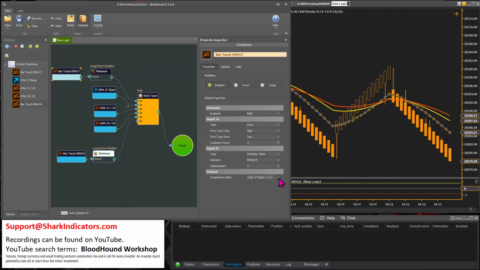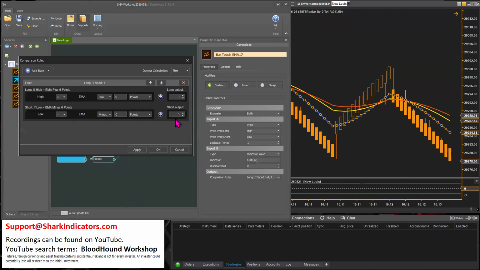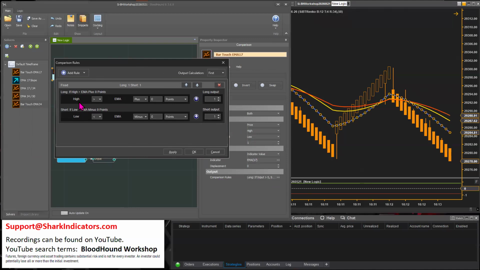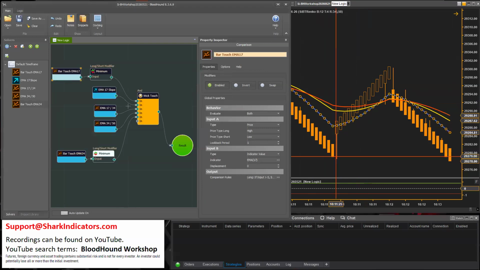If we open up the rules window, then what this would read is: for a long, if the open is greater than the EMA, then give us a long output. So the open greater than the EMA means the open is above that EMA. And same for the short, so the open would be less than or lower than the EMA. So that's how that would work out.